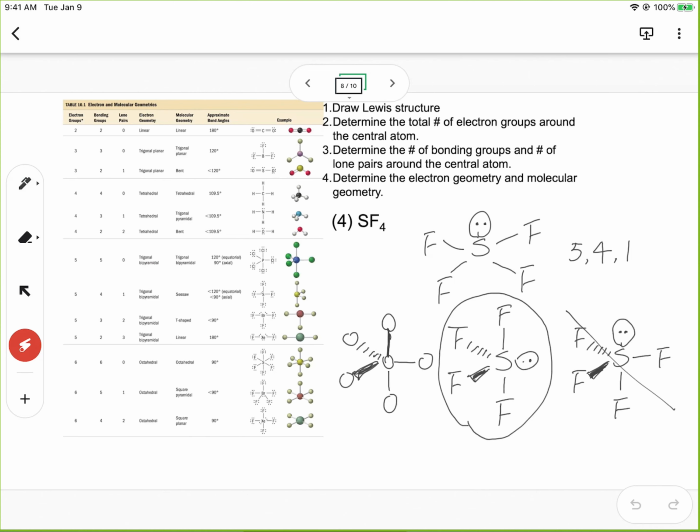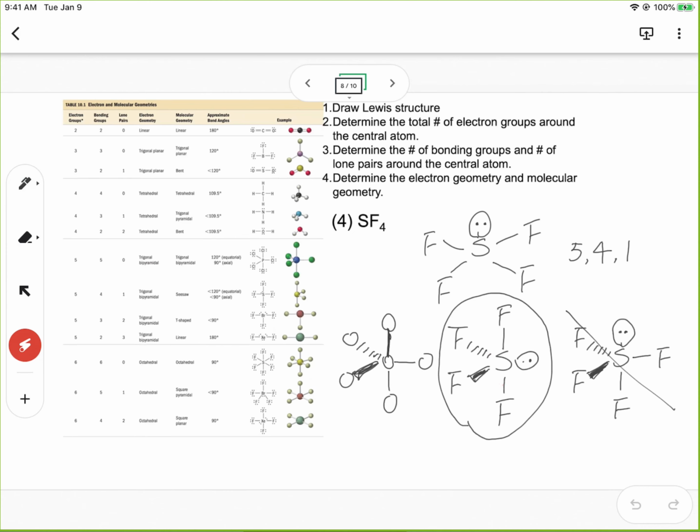However, this scissor geometry is not standard. When you consider the electron geometry, it is a trigonal bipyramidal geometry. But if you are considering the molecular geometry, this lone pair will push these two fluorines in this direction a little bit, so this bond angle is not 180 anymore.